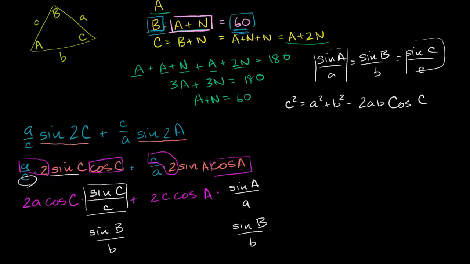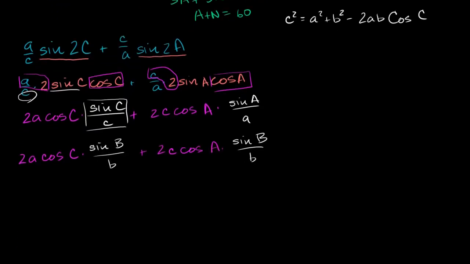And both of these terms are being multiplied by that. 2a cosine of capital C times that, and then plus 2c, lowercase c, cosine of capital A times that. So we can factor out the sine of b over b. So let's do that.